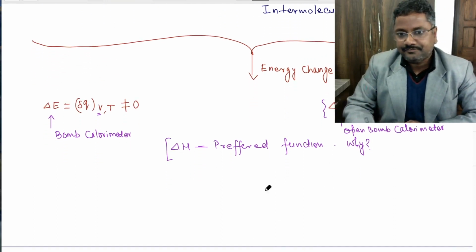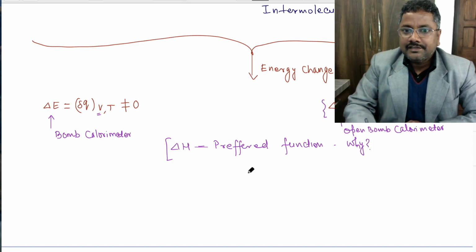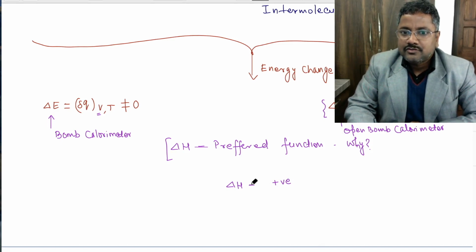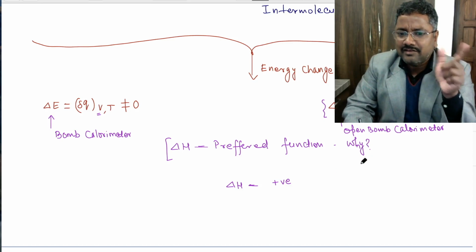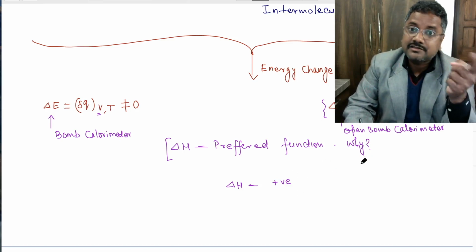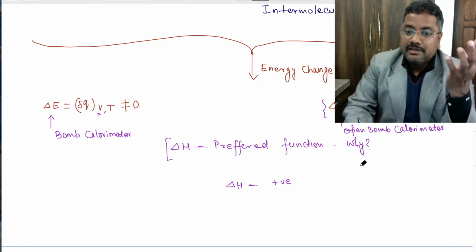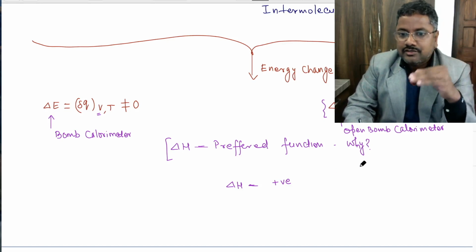Now see, if for any reaction delta H is positive, then the energy is absorbed by the system, because you have to use the same sign convention that we discussed in the previous lectures. Delta H positive means Q positive.